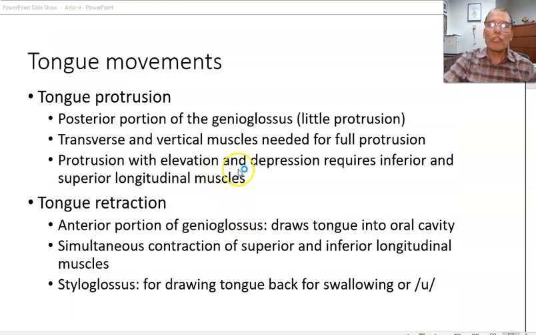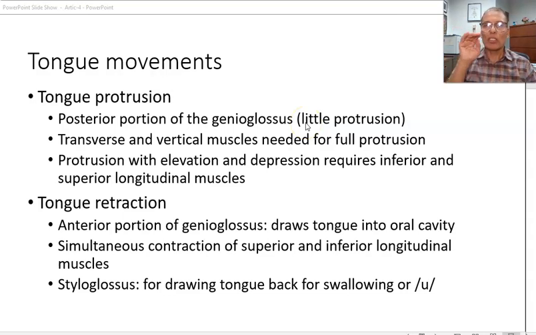Tongue protrusion: when you push your tongue between the teeth, that is protrusion. The posterior portion of the genioglossus is needed for little protrusion.